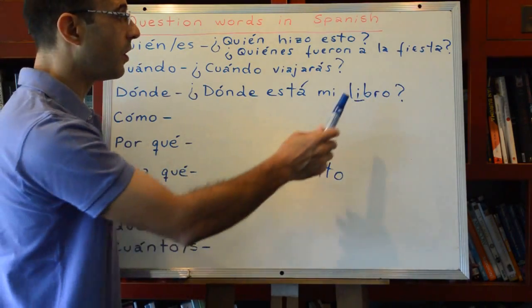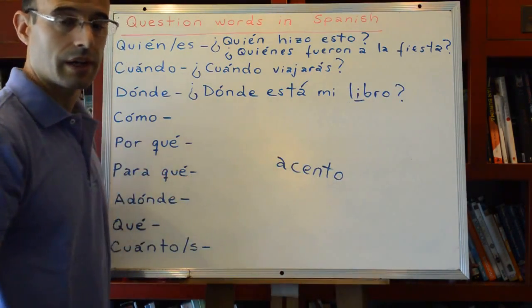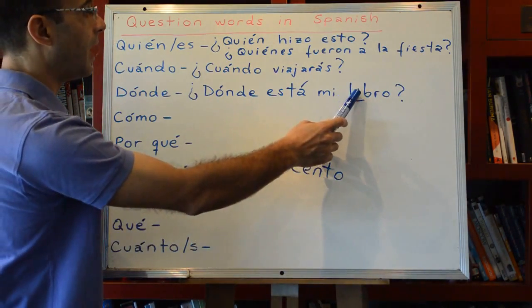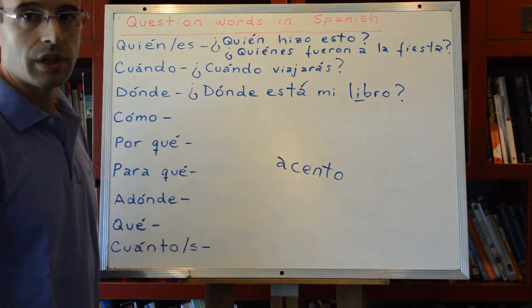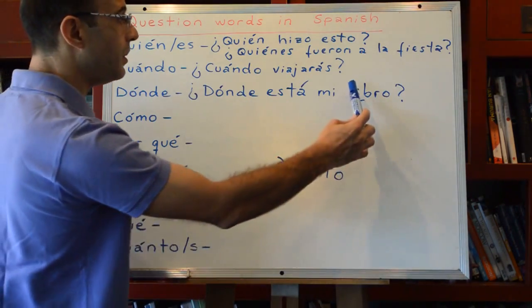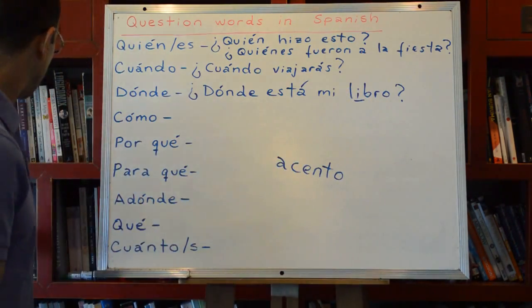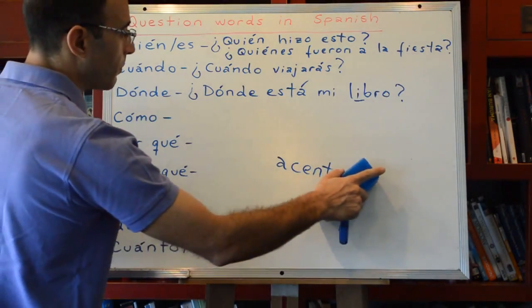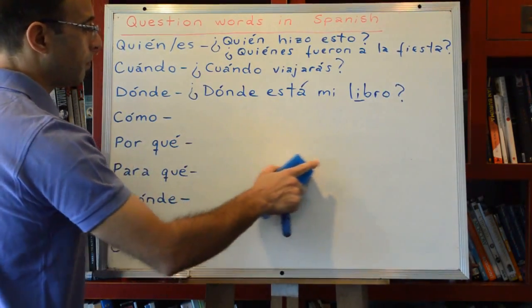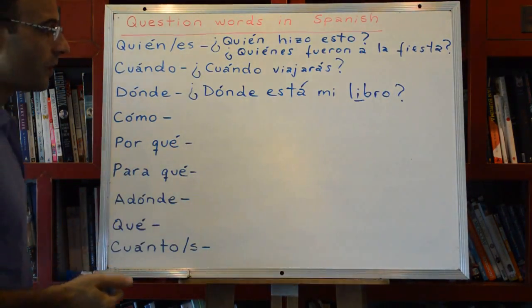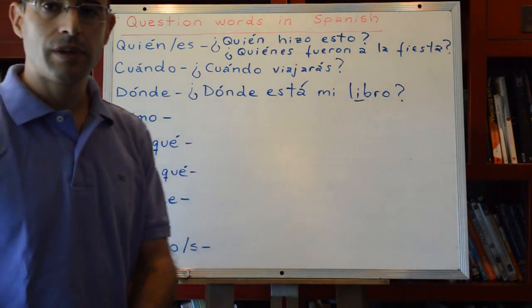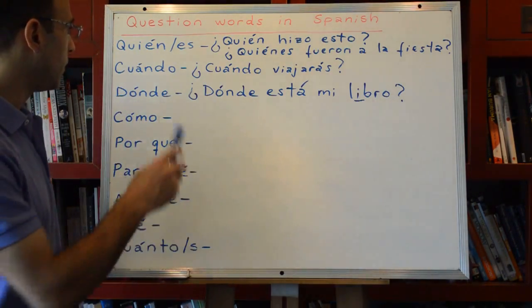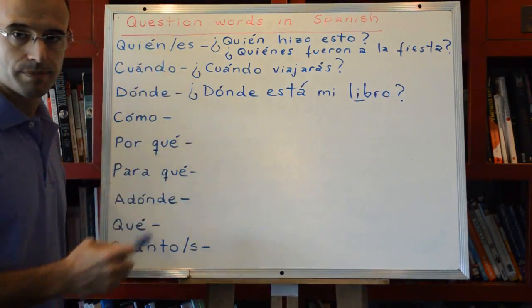The stress is on letter I, right? So here is the acento of the word, even though there is no tilde, okay? So I'm explaining this for you to see that in Spanish, acento is not the same thing as accent in English. Very similar, but not exactly the same. And this is tilde in Spanish.